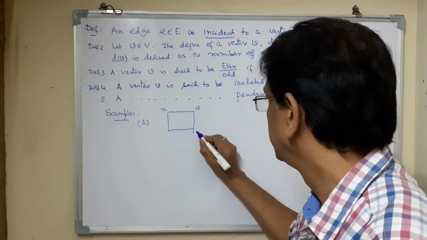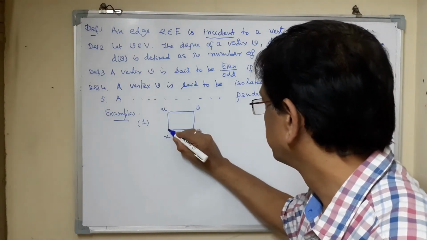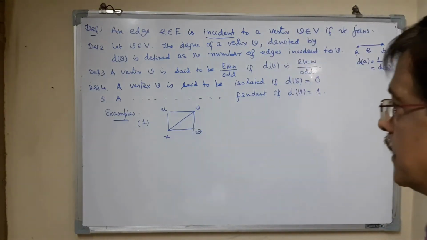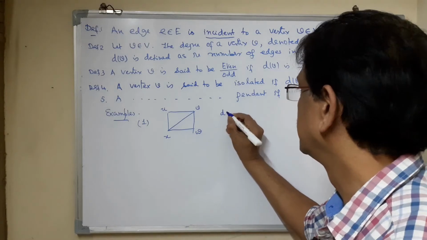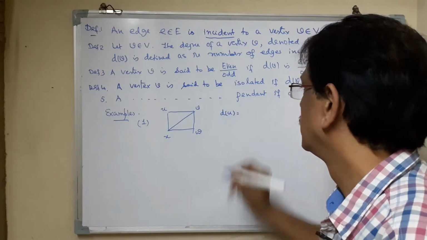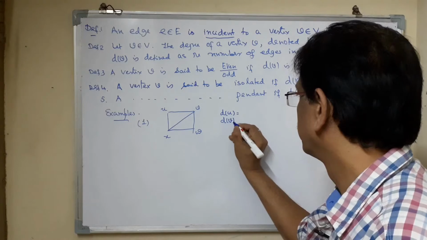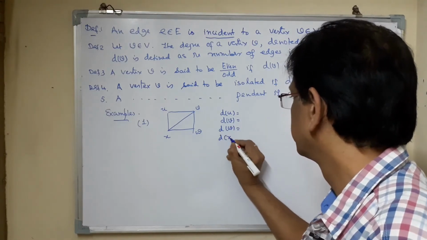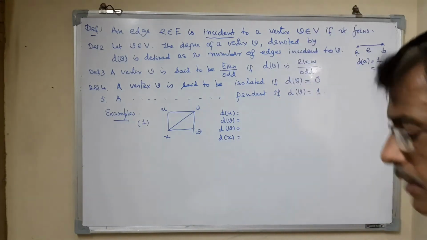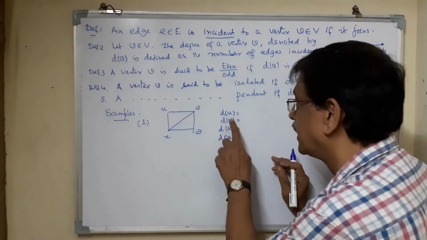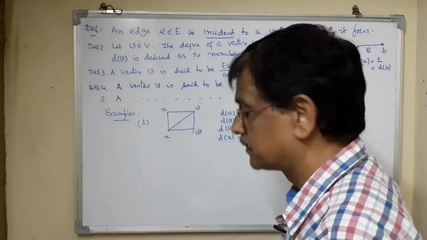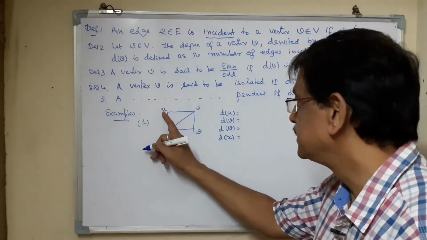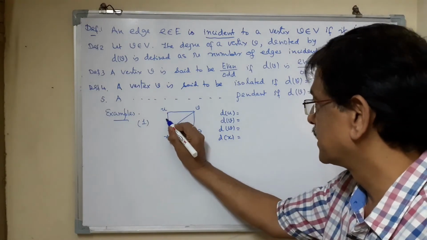U, V, W, X. Let us evaluate the degree of U, degree of V, degree of W, degree of X. The degree of U is the number of edges incident to U. How many edges are there incident to U?